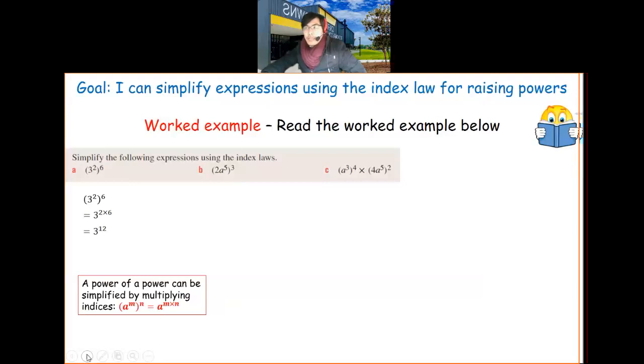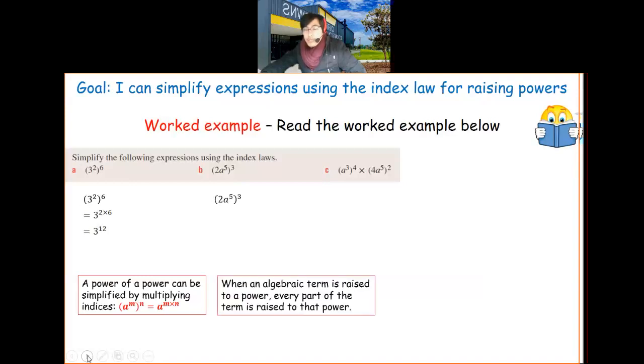okay? Now, second one here, we have 2 times a to the power of 5, all raised to the power of 3. So when an algebraic term is raised to a power, every part of the term is raised to that power. Okay, so every part in that bracket is raised to the power that is outside.